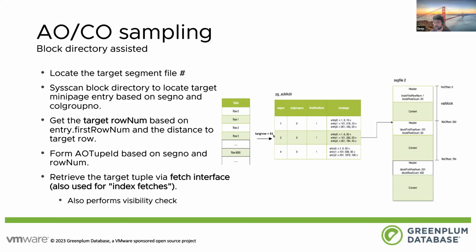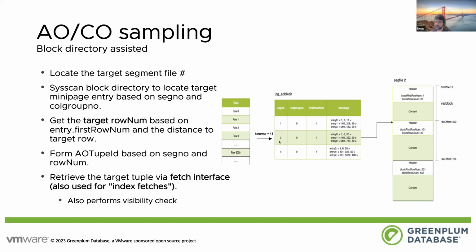It could be, and in this case, it is. Because you can see these are the row counts of each var block in segment number 1, which is 10, 10, and 20. The 41st row maps to entry 0 for this block directory entry. So like this, you can figure out what file offset I need to go to, and I need to go and return that tuple.